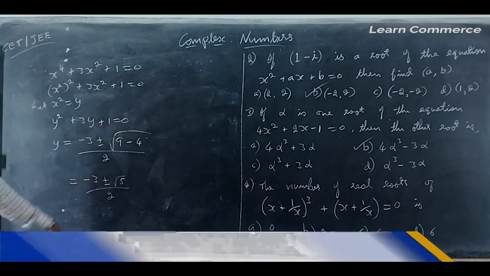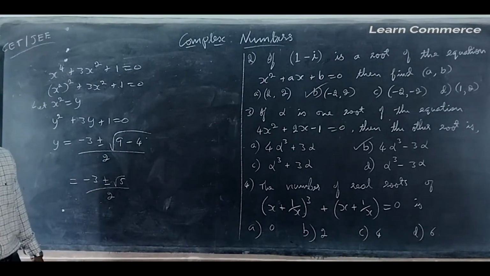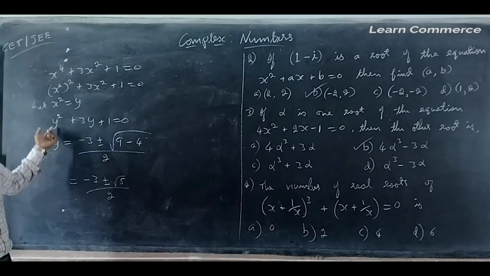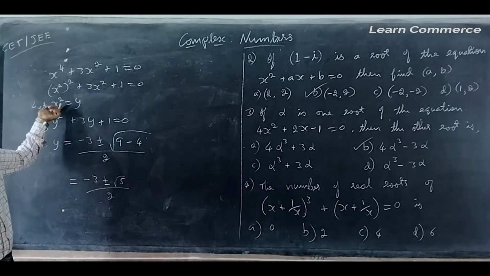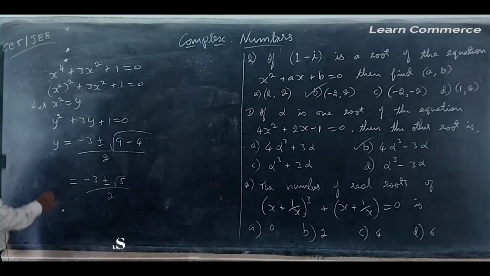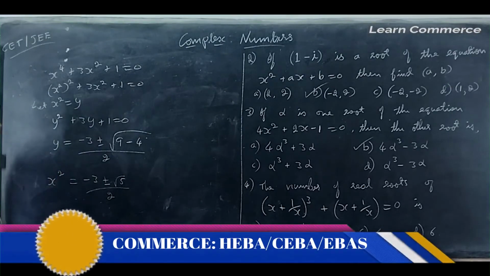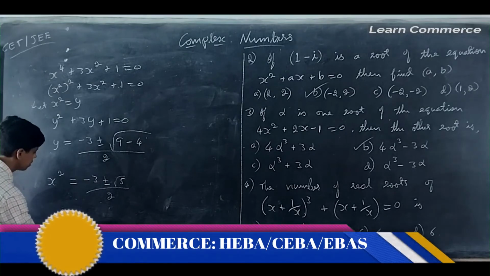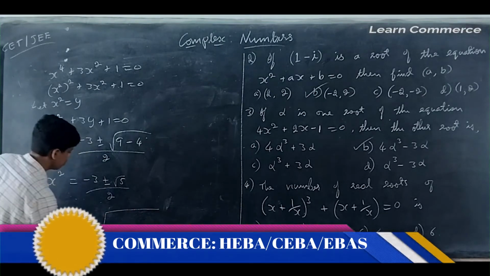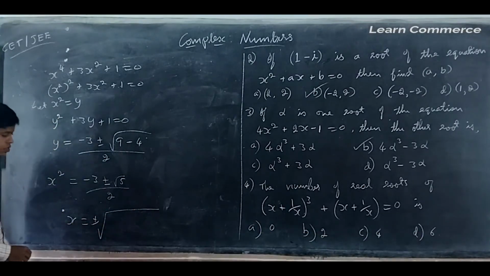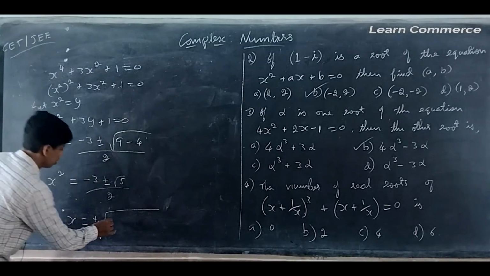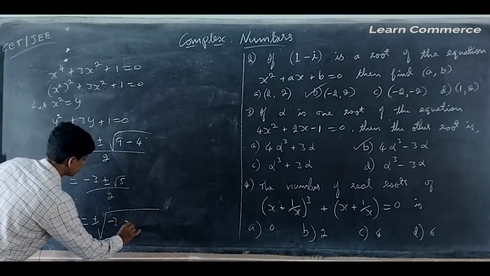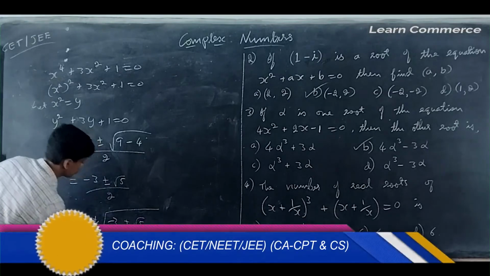You may think that this is real. Yes, of course, this is real. But that is y. We don't need y, we need the value of x, correct? So this is x square. And what about x? That is the square root of plus or minus, minus 3 plus or minus root 5 divided by 2.